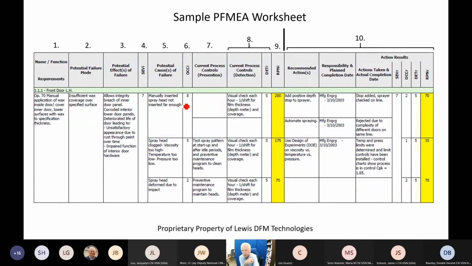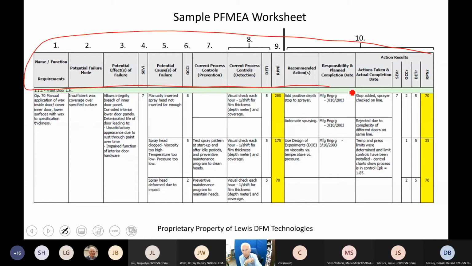Now we have already looked at everything on the top. Let's look at the application of each of these things. So what we're doing, we're going to start right here. Operation 70 is an operation number 70 for a front door left hand on an automobile. Operation 70 is the manual application of wax inside the door.